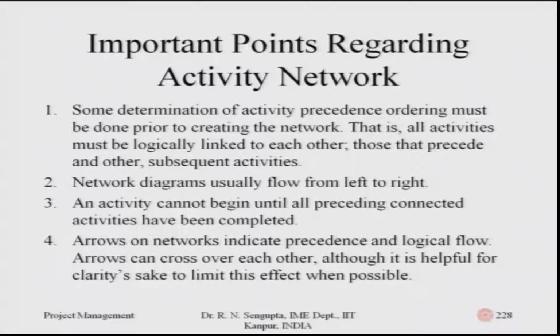The network diagram usually flows from the left to the right. If you remember the decision tree diagram, on the left we had the start where you begin your total decision process, and on the right was the end.